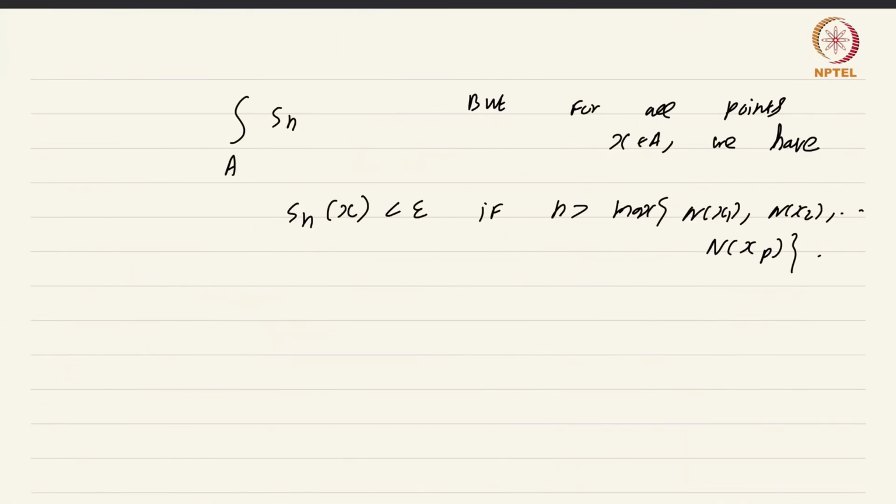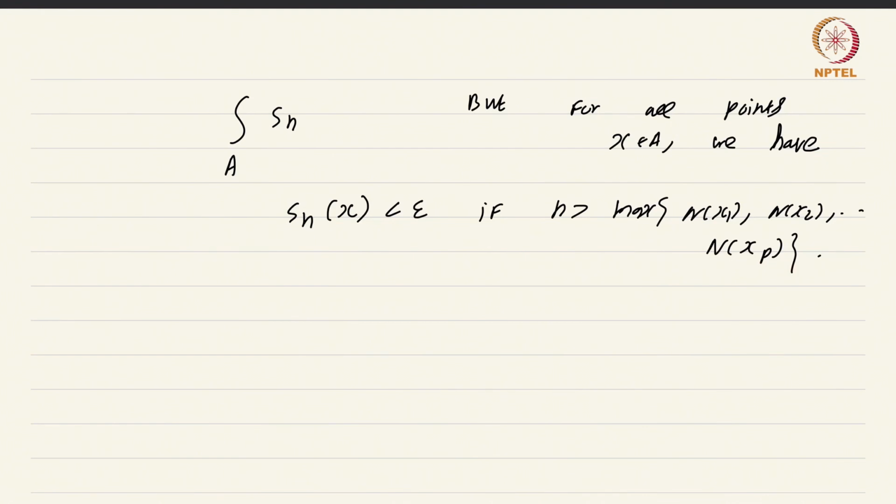Now what I'm saying is, if you choose n to be larger than N_x1 up to N_xp, then the corresponding intervals B_x1, B_x2, up to B_xp will cover [a, b] minus F, and moreover whatever point x you choose from [a, b] minus F, S_n(x) will have to be less than epsilon if you choose n to be suitably large.